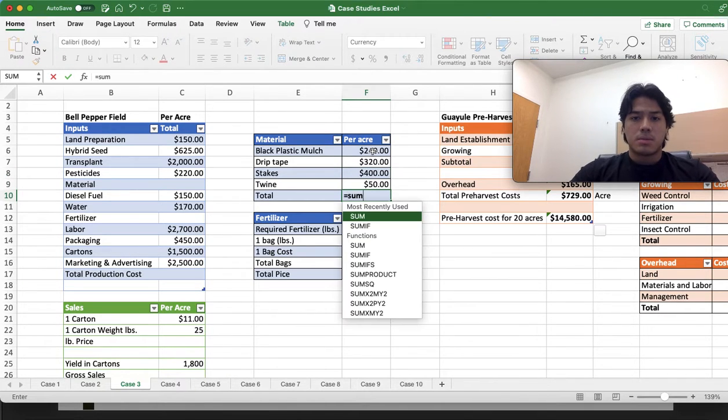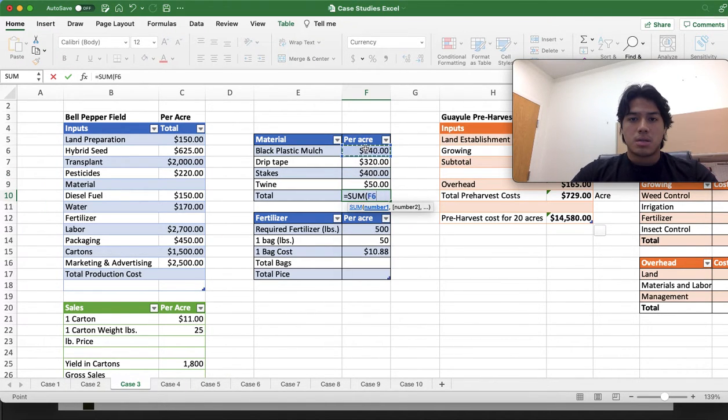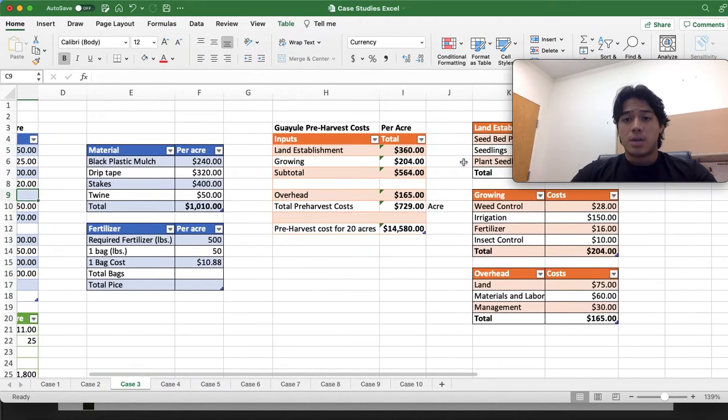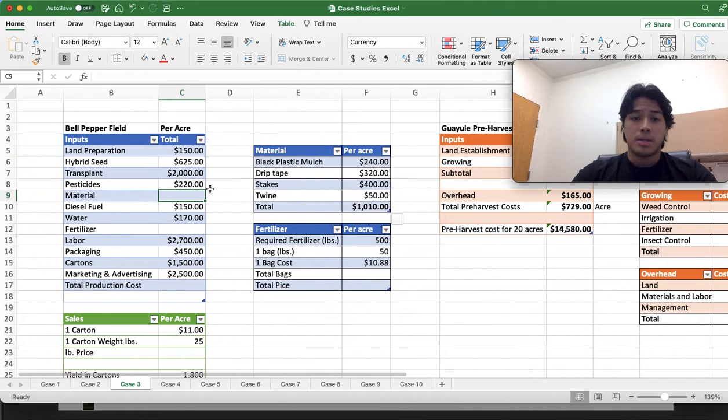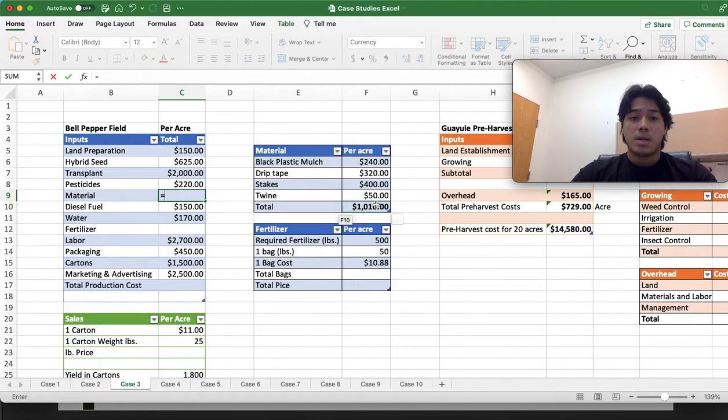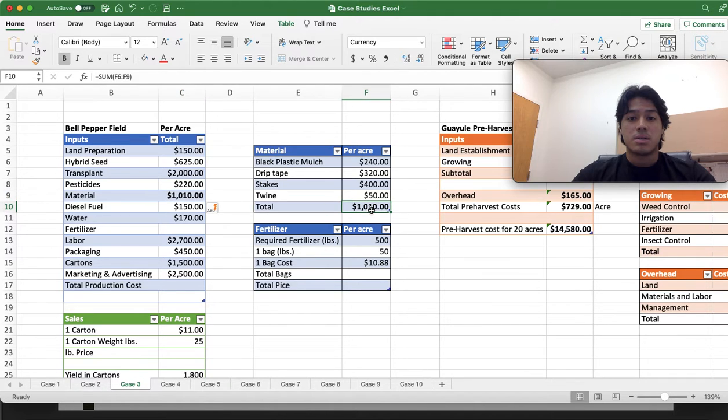Same thing, we sum these costs, and that's going to be the total cost of the material. Here I just typed everything by hand, but you can just click equals, select the cell you want, and then you see you get the value of that cell.